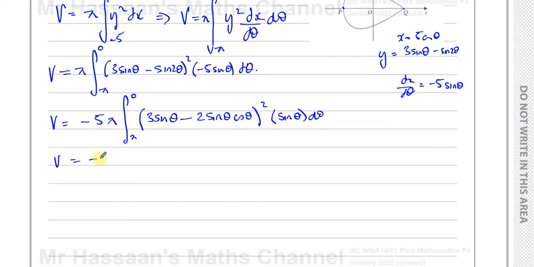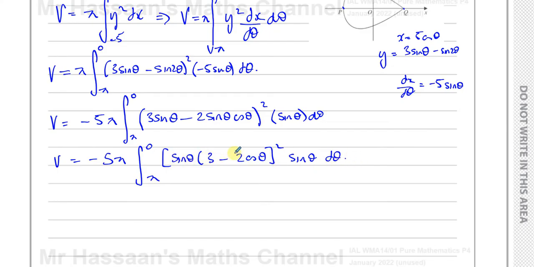We can write this as minus 5 pi, the limits between 0 and pi. Now I'm going to take out sine theta as common from these two terms inside this bracket. So I'll write sine theta, and then I've got 3 minus 2 cosine theta, and this is squared, and then outside it I've got sine theta d theta.